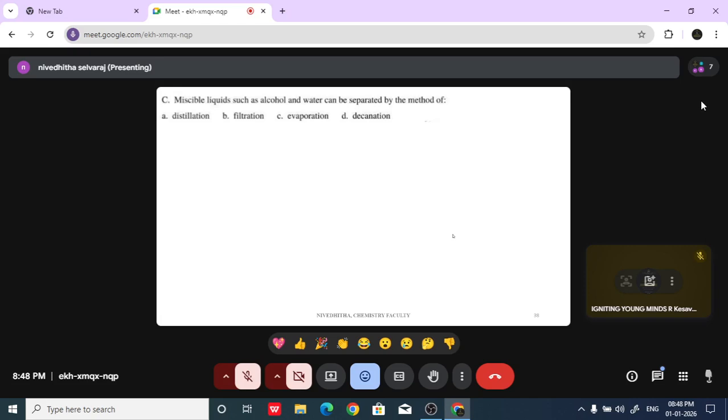Vikshan, what is distillation? For the rest of the students, this is not only for 6th standard. We would have studied this in general organic chemistry also.